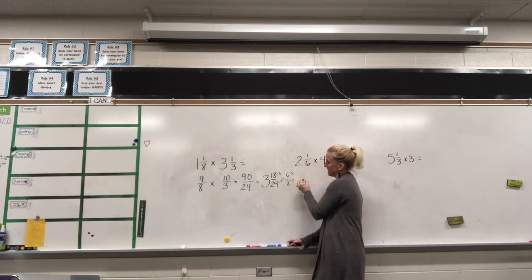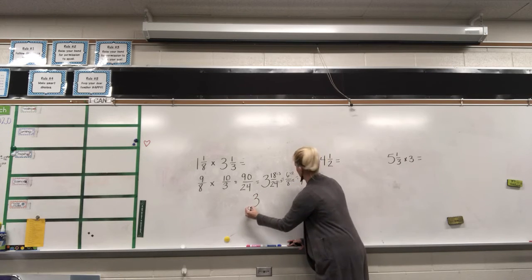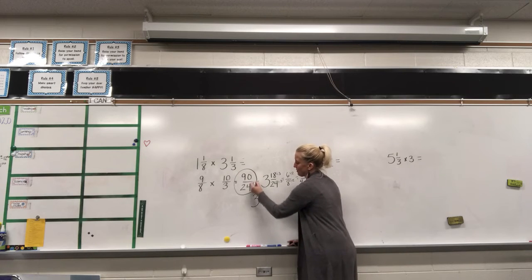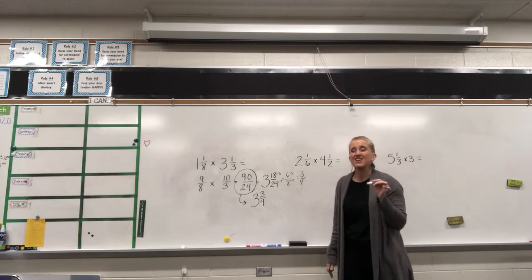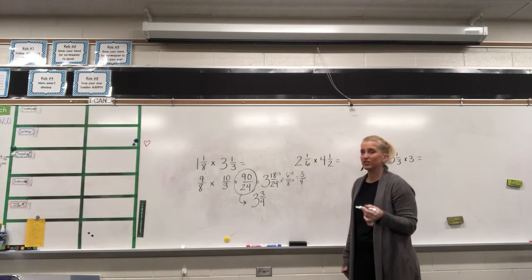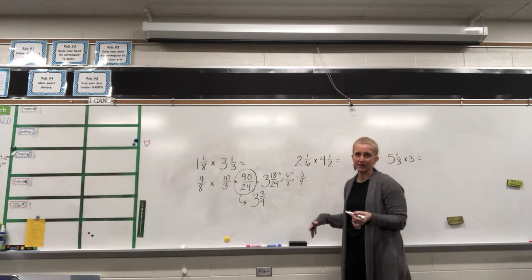So 6 divided by 2 is 3. 8 divided by 2 is 4. So my double Rockstar answer here is actually going to be 3 3/4. We want to take it from here all the way to our double Rockstar answer. And that's usually where fifth graders sometimes get tricked because there's a lot of work to do to simplify.